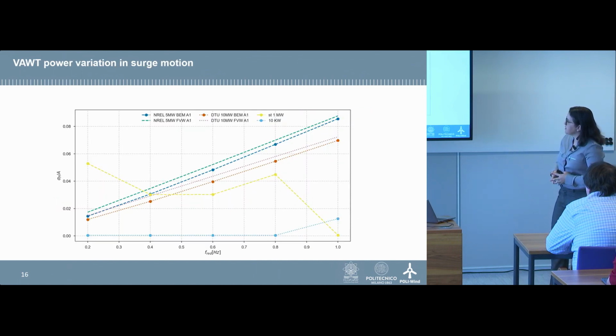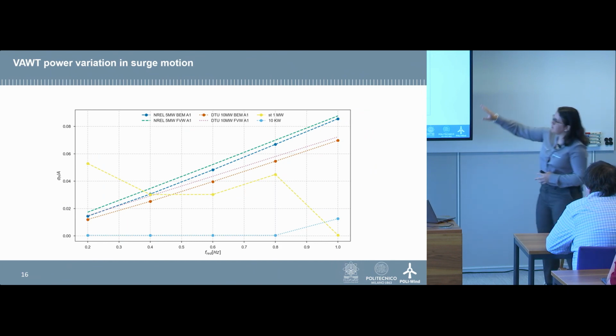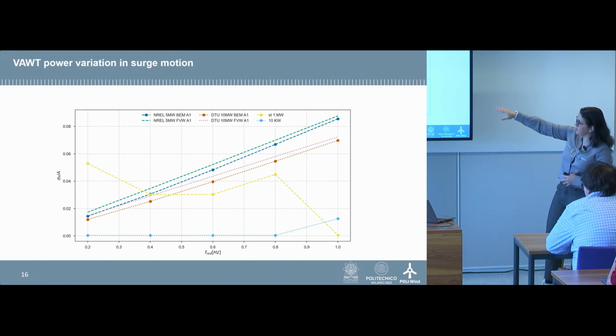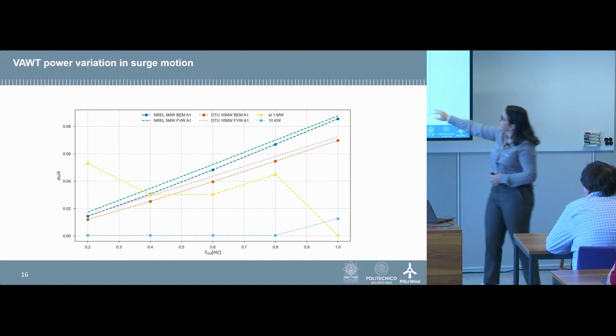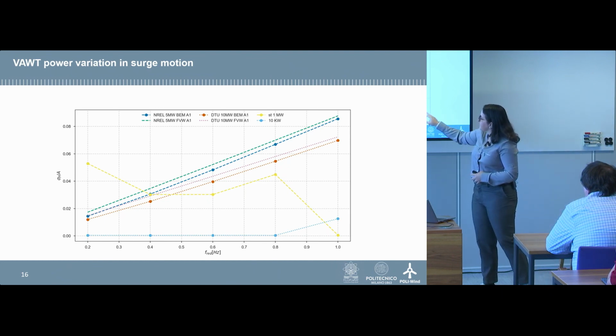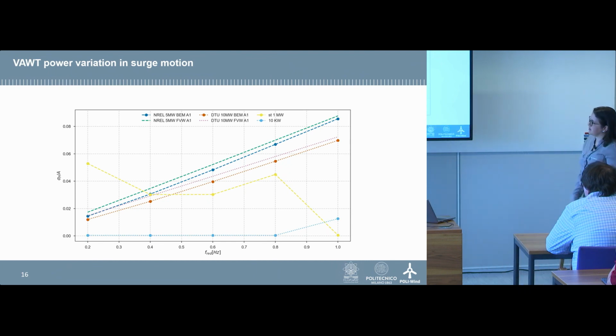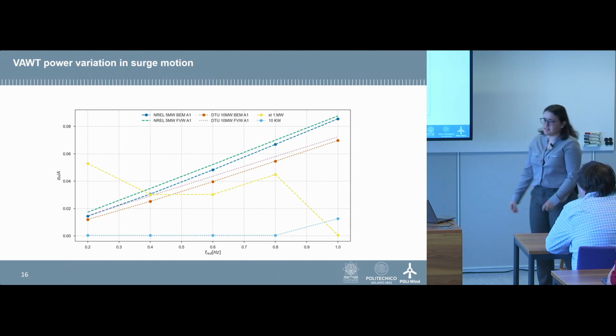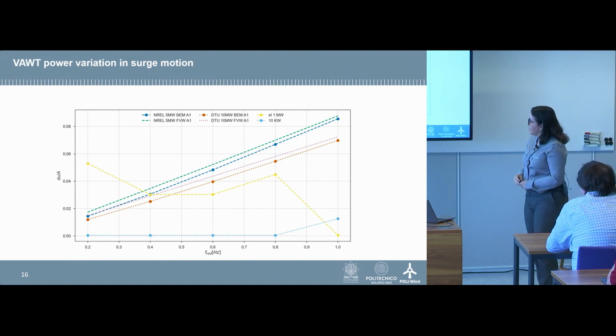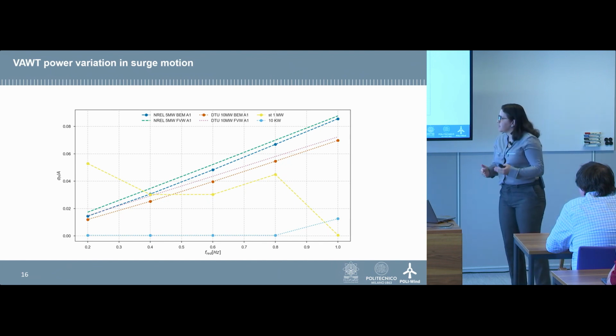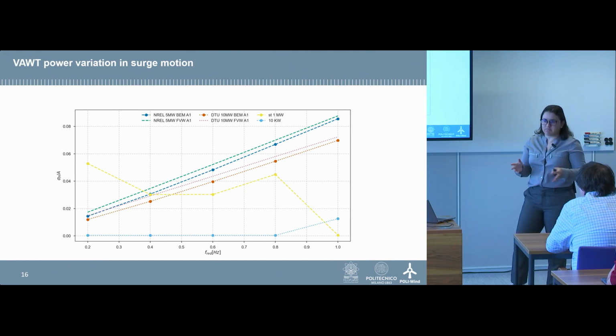So what happens? Again, I put the NREL 5 megawatt and the DTU 10 megawatt, but now we've added this ST is the CTRL, and then this is the 10 kilowatt. And we see that the behavior is quite different, and there's not really a relation between the two vertical axis turbines.